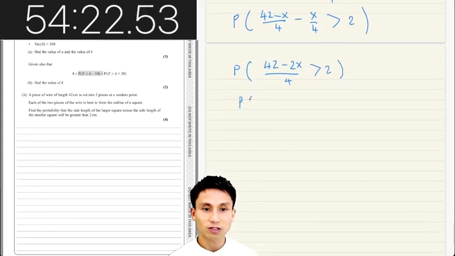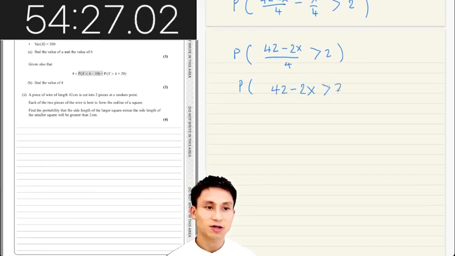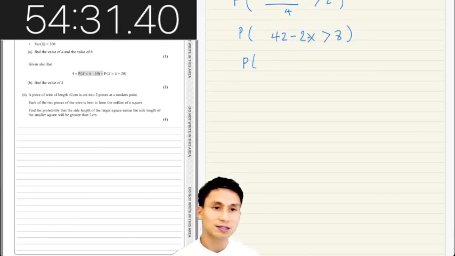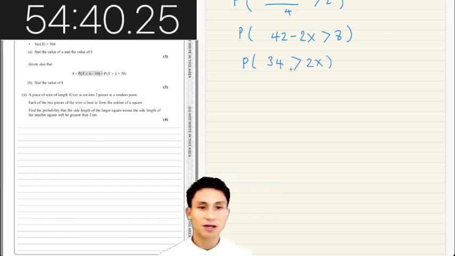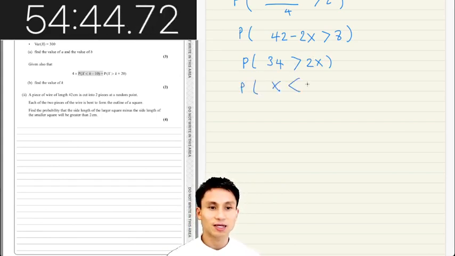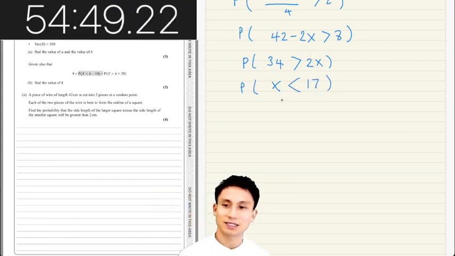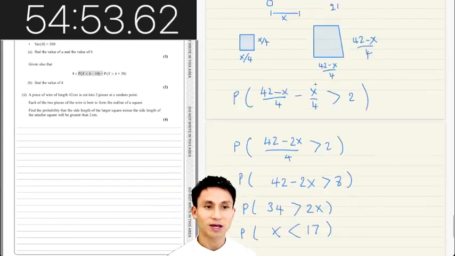Rearranging the inequality, you have 42 minus 2x greater than 8. Making x the subject, moving the 8 to the left, 42 minus 8 is 34, greater than 2x. Dividing by 2 on both sides, I have x less than 17. Yeah, we want to find x less than 17, where the cut point is within 21.